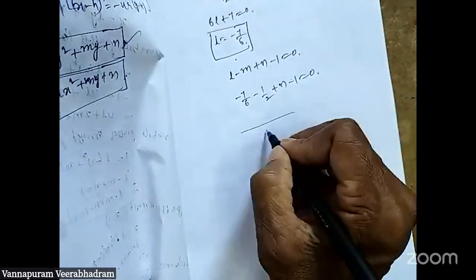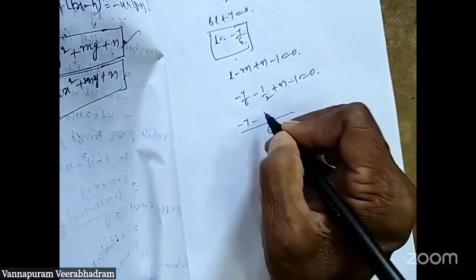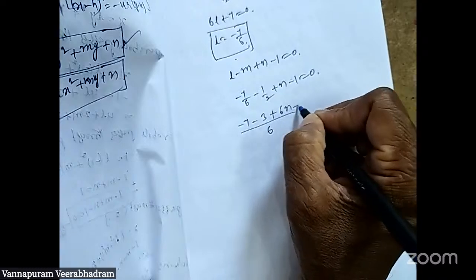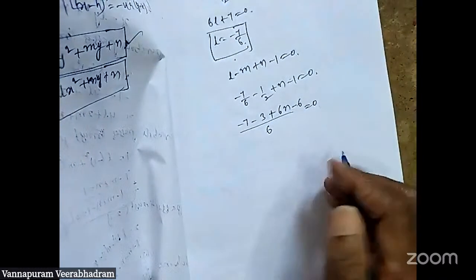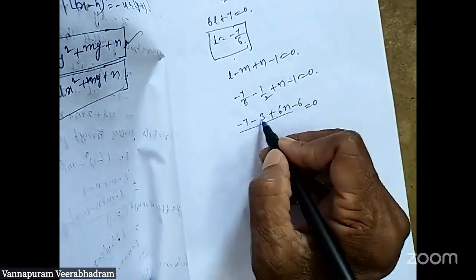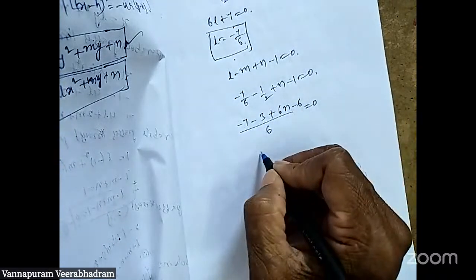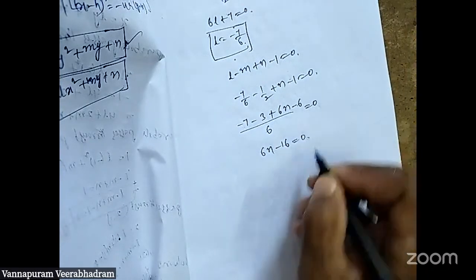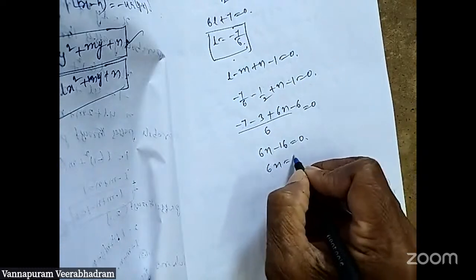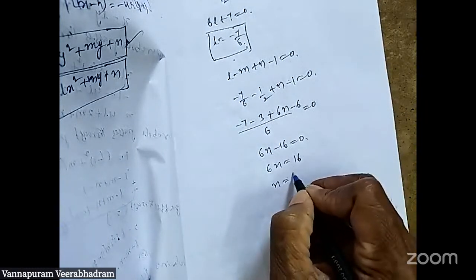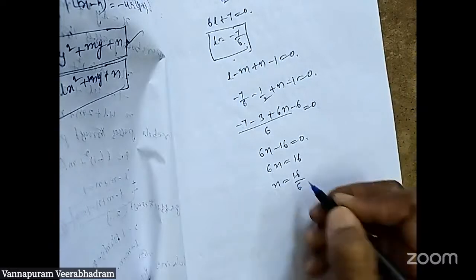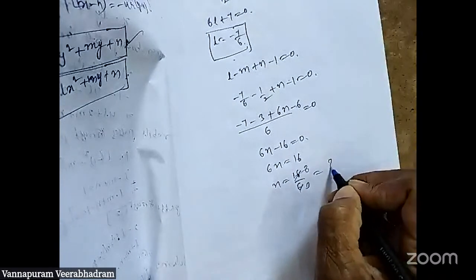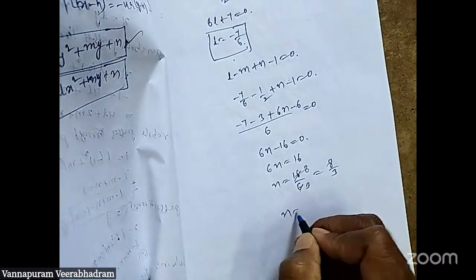Here the LCM is 6, so minus 7 minus 3 plus 6n minus 6 equal to 0. On simplifying, 6n minus 16 equal to 0. So 6n equals 16, n equals 16 by 6, which is 8 by 3. Therefore the n value is 8 by 3.